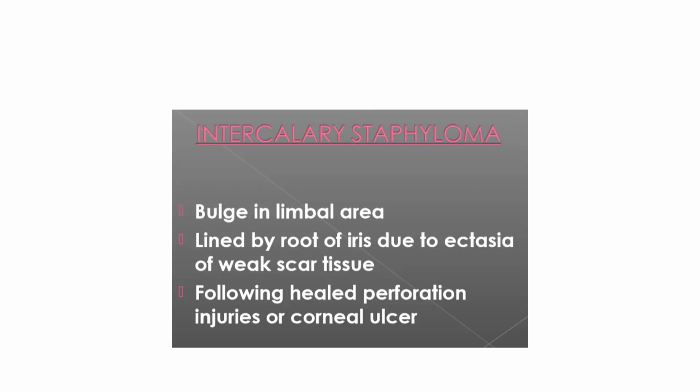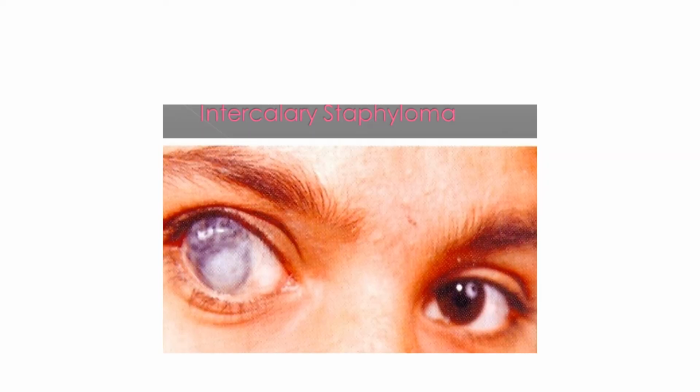Intercalary staphyloma. It is a bulge in the limbal area, lined by the root of the iris, due to ectasia of the weak scar tissue, following healed perforation injuries or corneal ulcer. So here in the picture, in the right eye of the patient, you see the swelling nasally, which is called intercalary staphyloma.